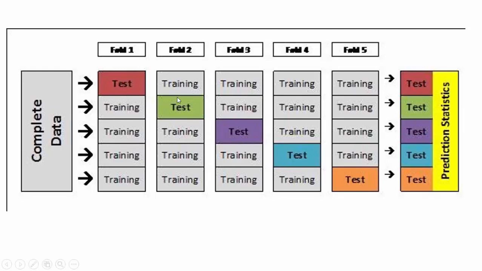Here we have a picture of what a 5-fold cross validation looks like. As we can see, in each fold the test data is different, and finally the prediction errors of all the models will be averaged, and the prediction statistics will be the result.